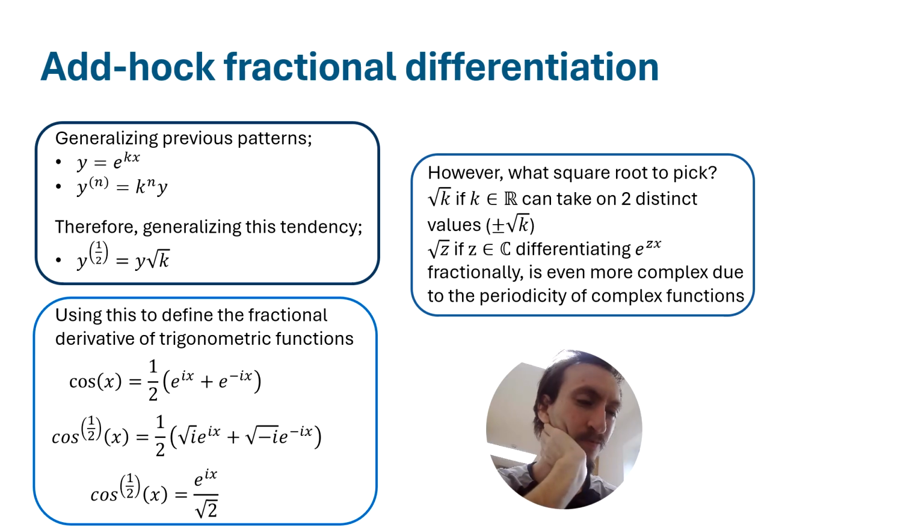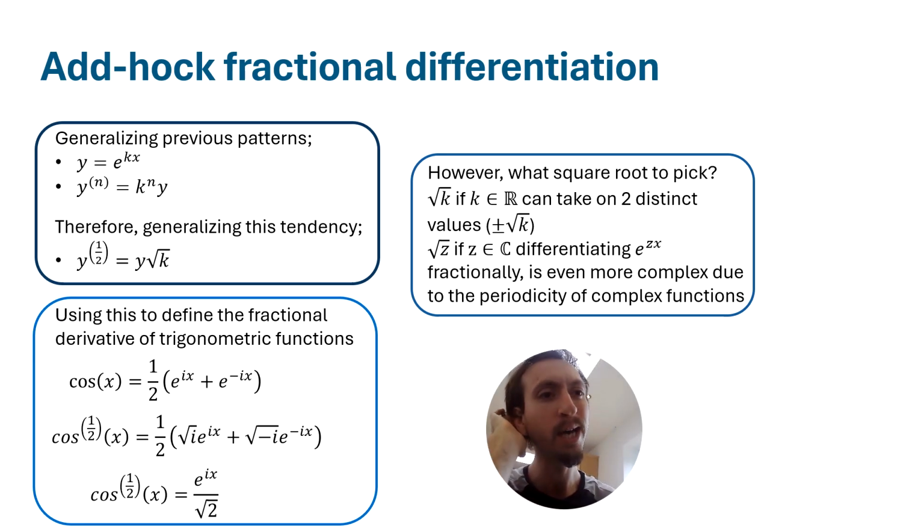The thing is, when it comes to generalizing differentiation, we can see that the ad hoc method, so just extending the pattern of ordinary calculus, produces a lot of ambiguity.